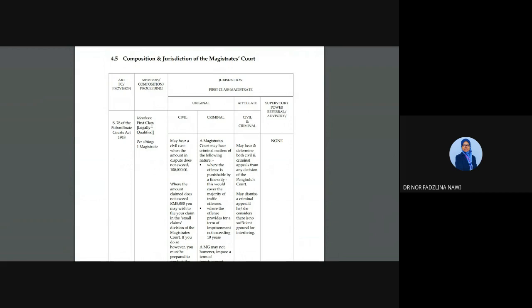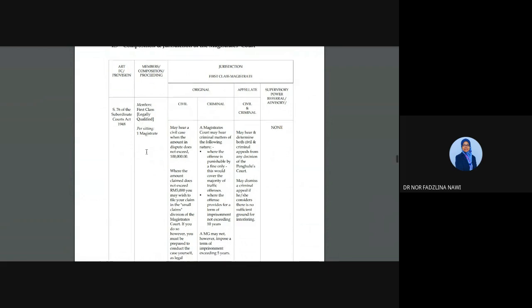For the first class Magistrate Court, the magistrate who presides must be legally qualified, meaning they have a degree in law. In comparison, second class magistrates are usually civil servants or court officials who have experience or training in legal matters and procedures for quite some time, so they are appointed as second class magistrates.